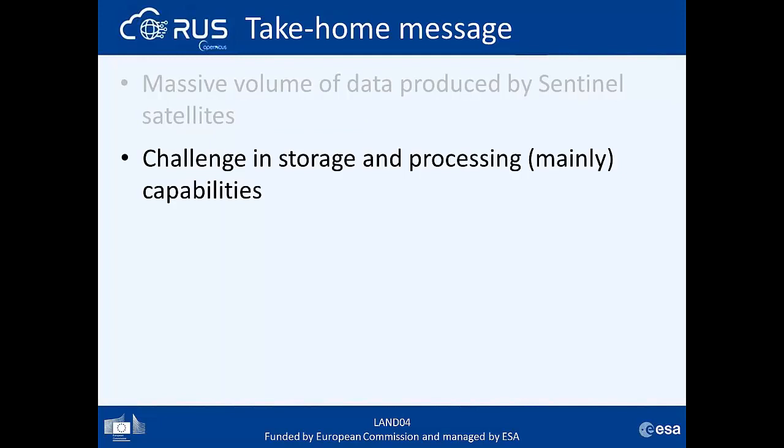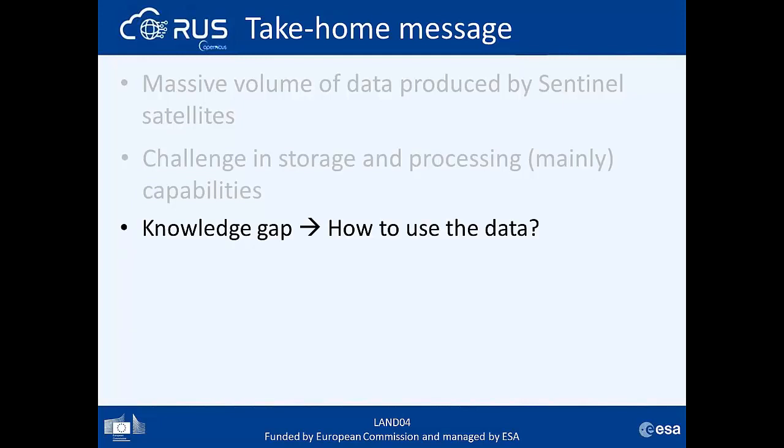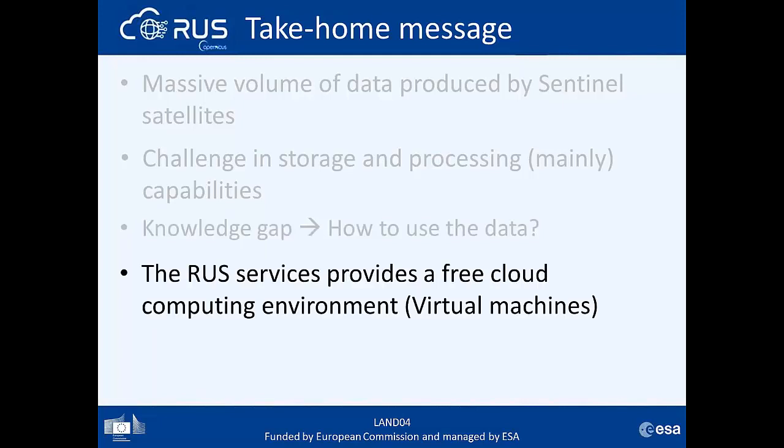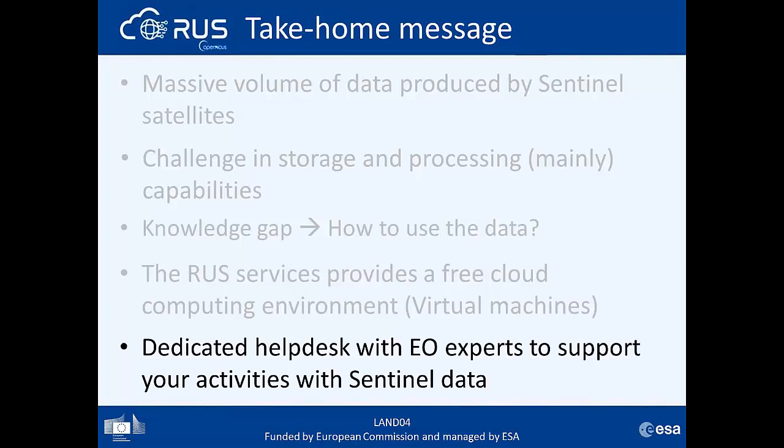In addition to all that, it is necessary to explain how the data can be used and support users in their applications. The RUS service is here to solve those problems by providing virtual machines to store and process the data, and by offering a dedicated help desk supported by a team of remote sensing experts to help you in your projects with Sentinel data.